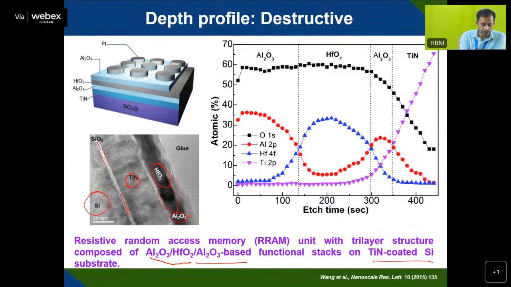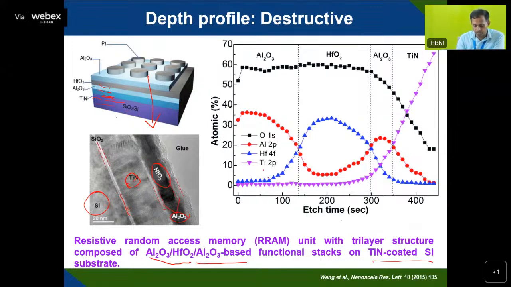You can see here this is the silicon, SiO2, Si layer, then the titanium nitride layer here, then you have an aluminum layer and Hf layer. All these layer structures, when you go from the top with XPS analysis, you will see how the elemental composition is distributed.